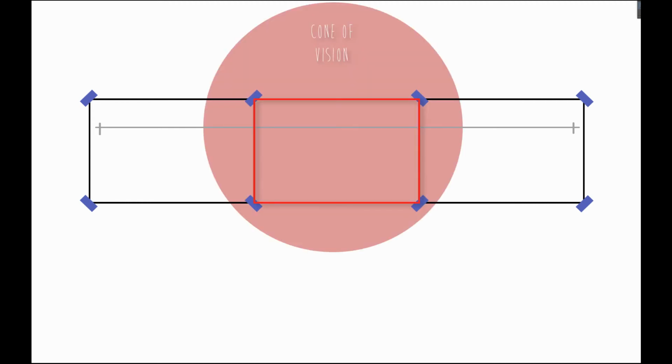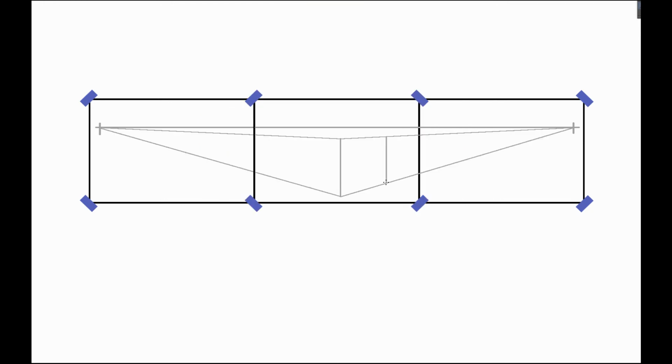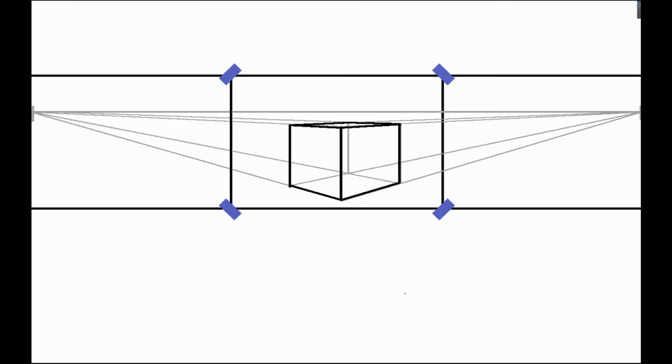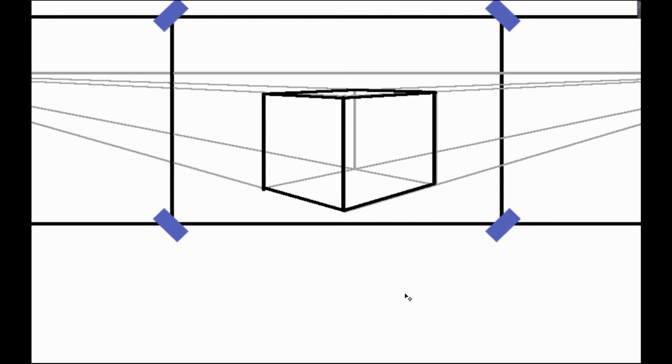Now our cone of vision is bigger than that whole center page, so basically anything we draw on that center page now is not going to be distorted, right? So let's quickly draw a cube again and make a large cube on this page, and we've solved our distortion problems. Okay, so it's pretty easy, right?